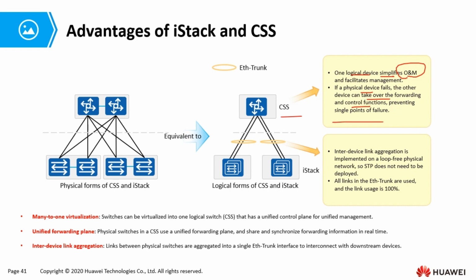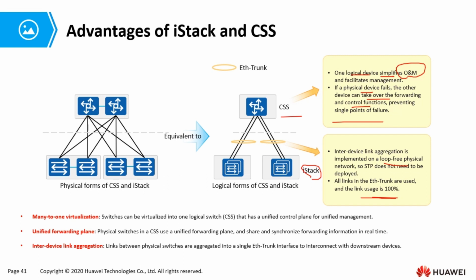The same thing for iStack. You use Eth-Trunk, the link aggregation, to implement a loop-free physical topology. All the links in the Eth-Trunk are used and the usage will be 100%. If anything goes down, they will automatically help you manage and recover it.